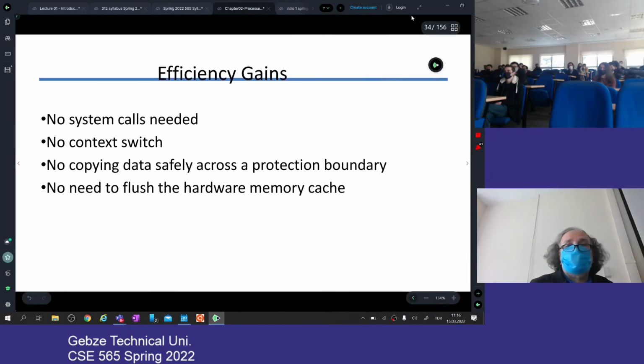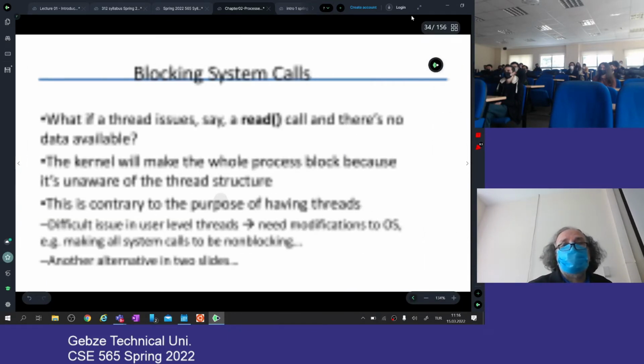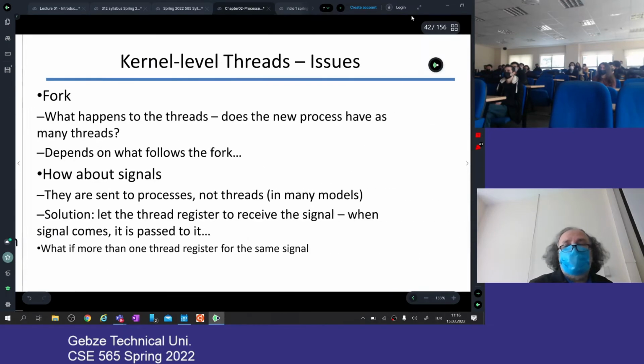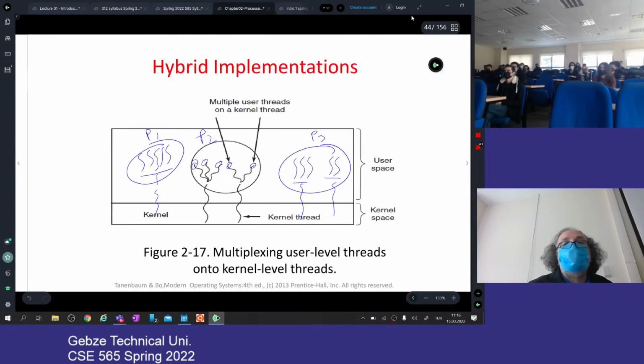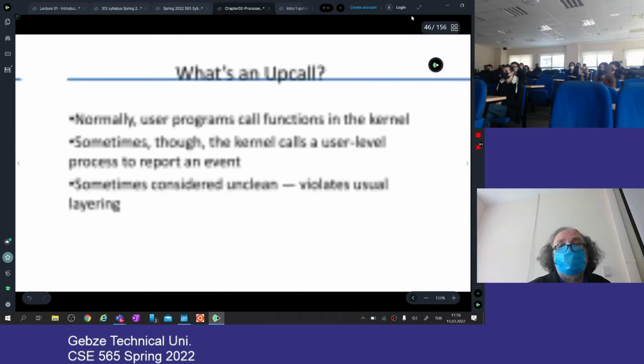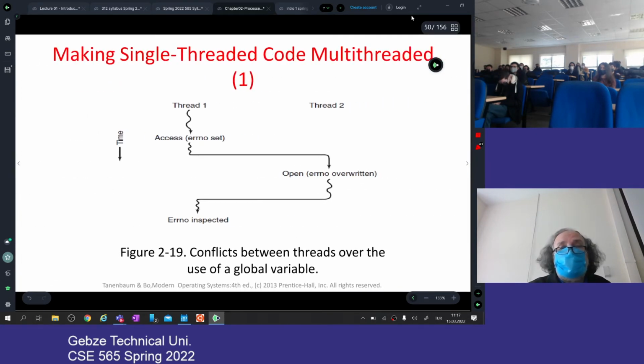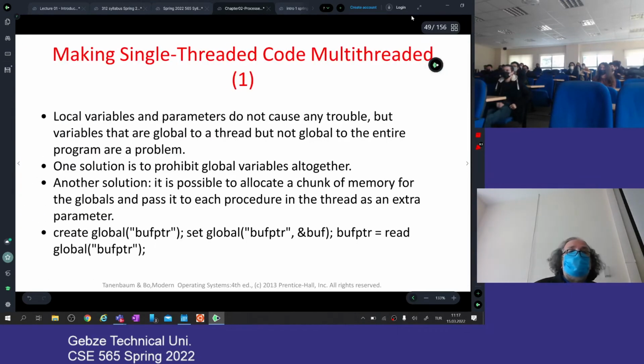Good, okay, so we said that one of the biggest advantages of having threads is that threads share an address space, the same memory address space.